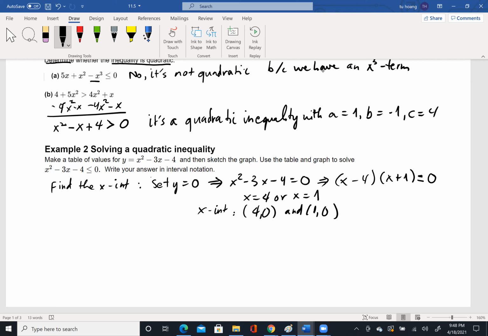Let's look at this. I have a number line from negative infinity to positive infinity. This should be -1, I'm making a mistake. So then I have -1, and I have 4.